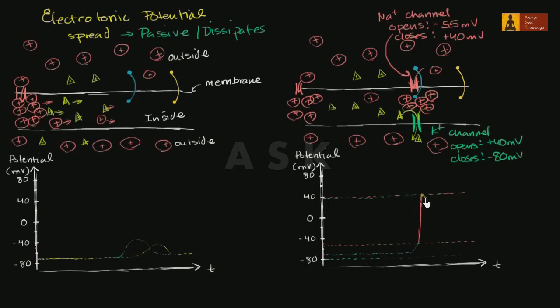And so the voltage is going to get more and more negative, and it's going to go beyond neutral because potassium is going to want to go down not just its voltage gradient, while it's more positive on the inside than on the outside, but it'll also want to go down its concentration gradient. There's a higher concentration of potassium on the inside than on the outside because of the sodium-potassium pump. So the potassium will just keep going out and out. And then at negative 80 millivolts, the potassium channel closes, and then we can get back to our equilibrium state.